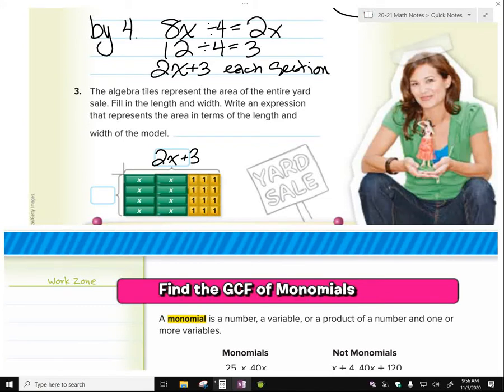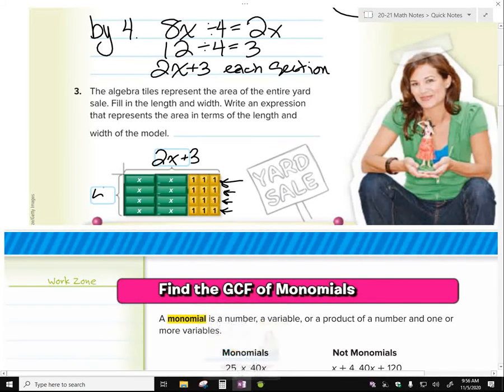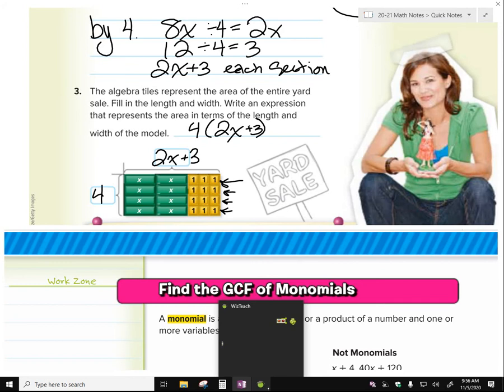And what would go along the other side? Since you're doing the area, you would have to think how many times that 2x plus 3 is happening. It's happening 4 times. So we would have 4 times the quantity of 2x plus 3, and that would be the whole area of the yard.